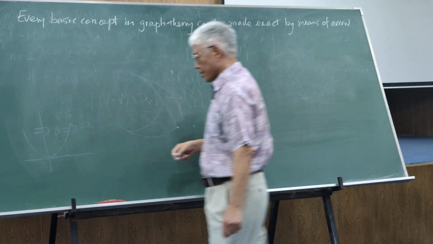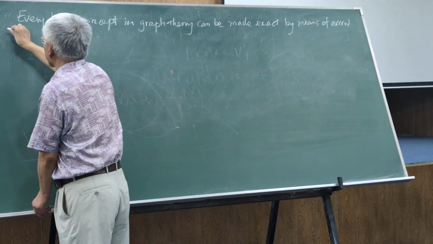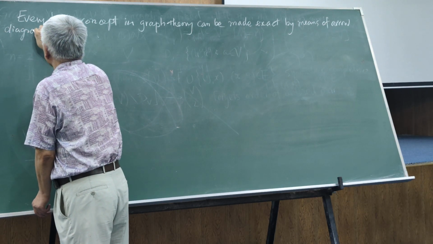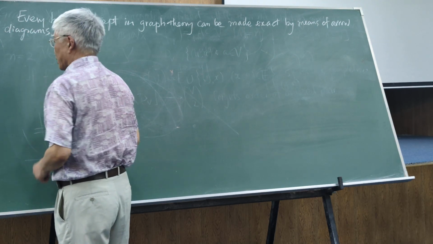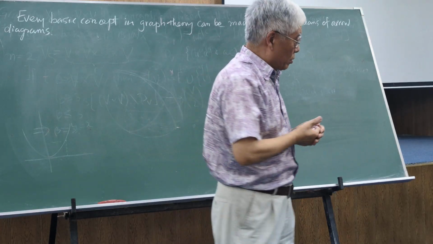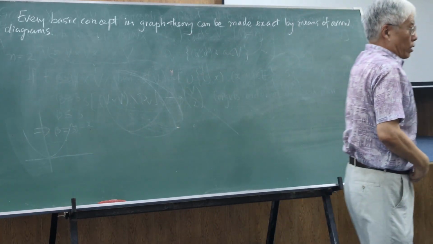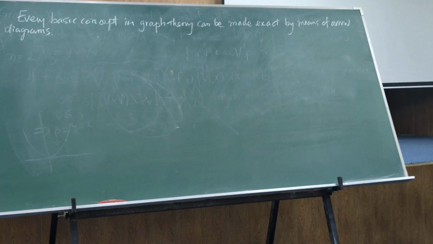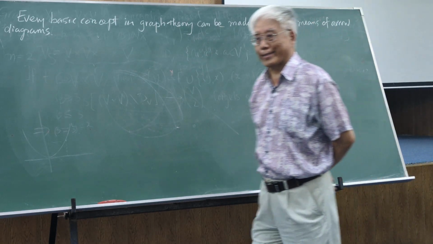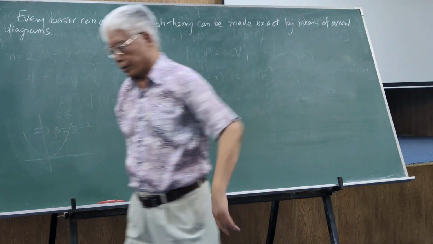Arrow diagrams. Professor Mac Lane would be very happy, because when he was alive, I was with him for half a year when I was doing my PhD. Saunders Mac Lane was the author of Categories for the Working Mathematician. You read that book, it is very good. It is in the yellow series.